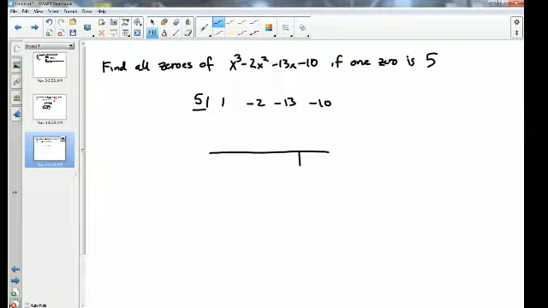Anybody need help? Would you do -2 minus 5 or +5? -2 minus 5. 15 plus negative 13 is 2.